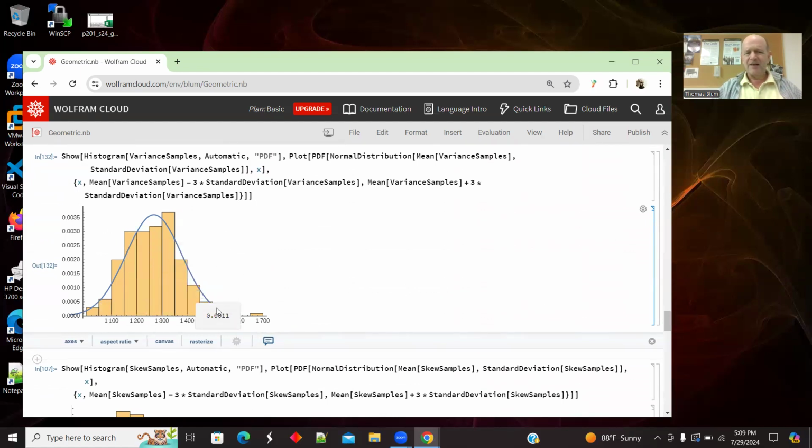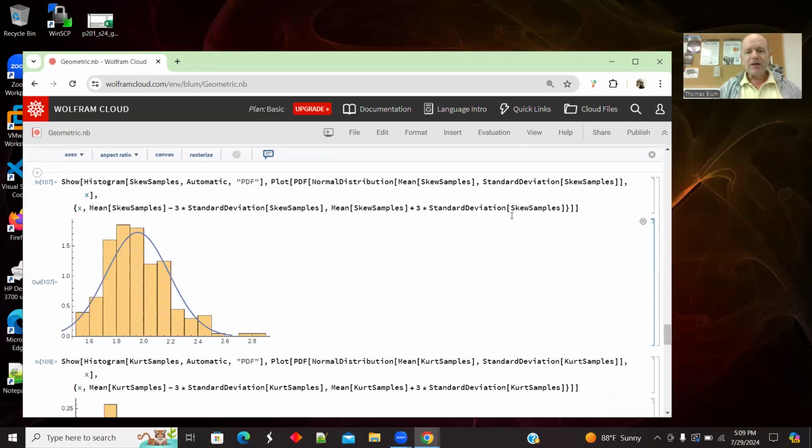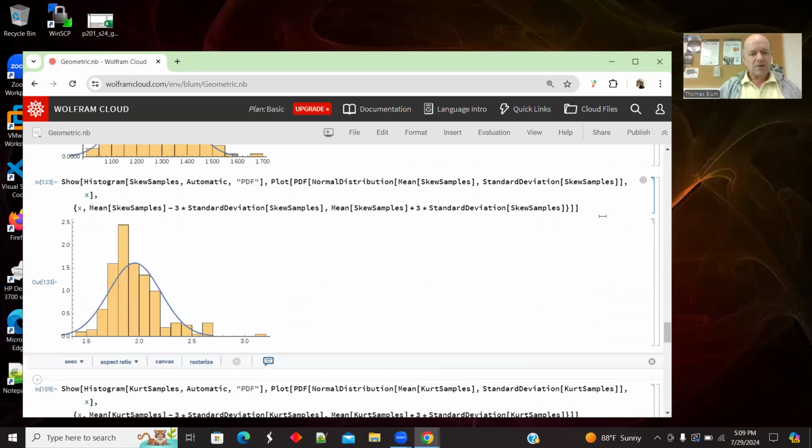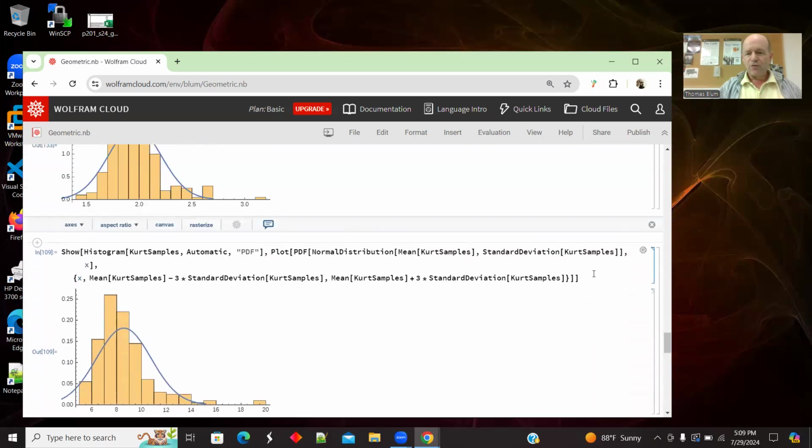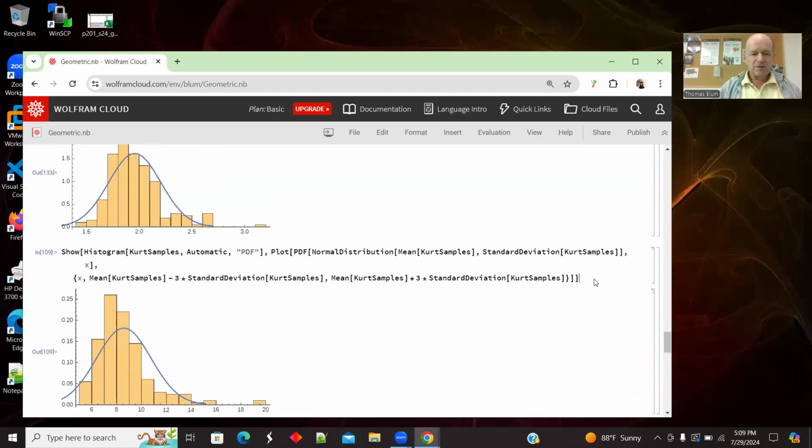Then I collected a distribution of variances. And that seems to be at least roughly a normal distribution. Same thing for skewness. And same thing for kurtosis.